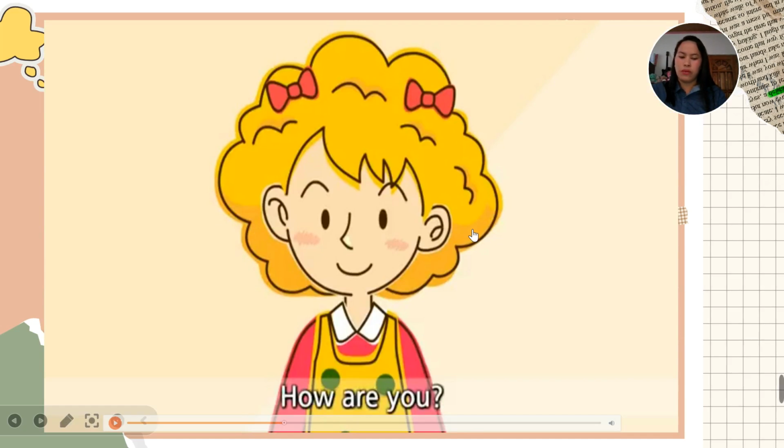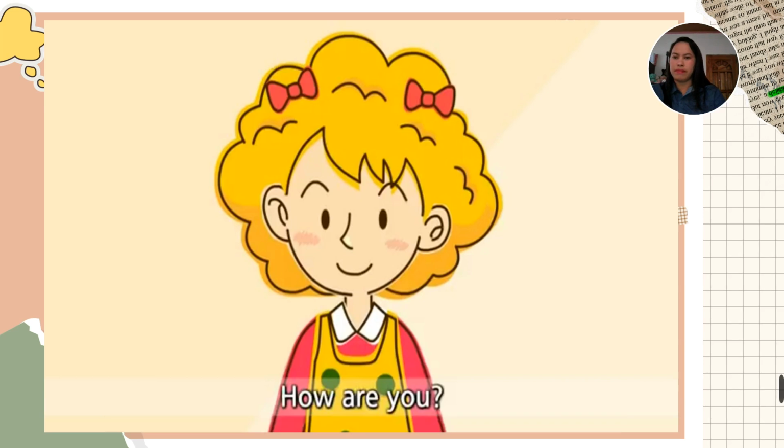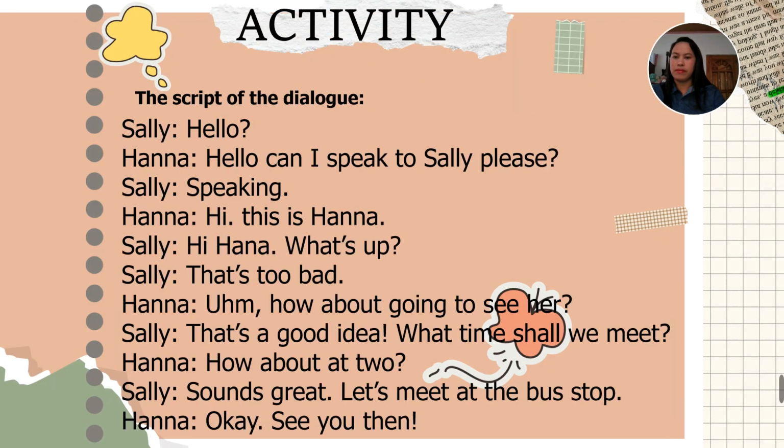Okay, so that was the telephone conversation. I will be showing to you right now the script of the dialogue. I would like to call Ruel and Asnaira to read the dialogue. Ella, you will be Sally.